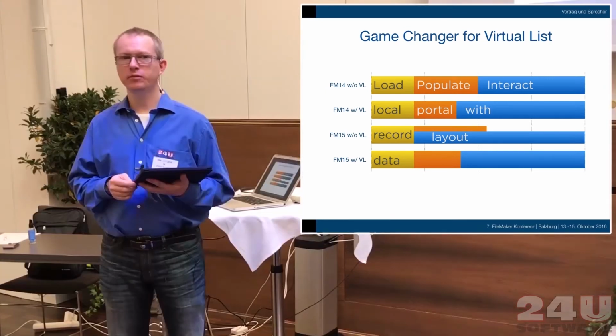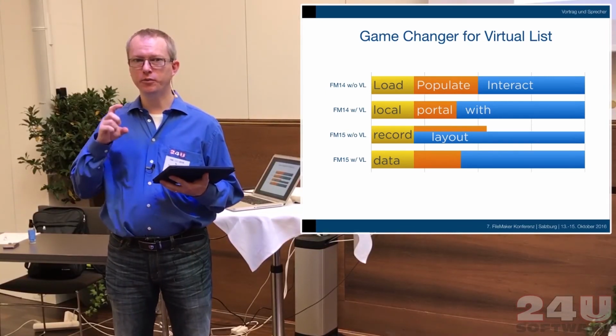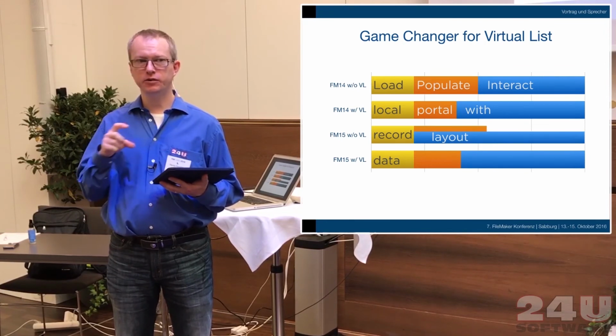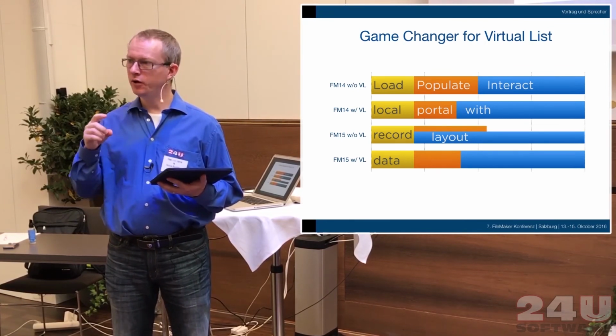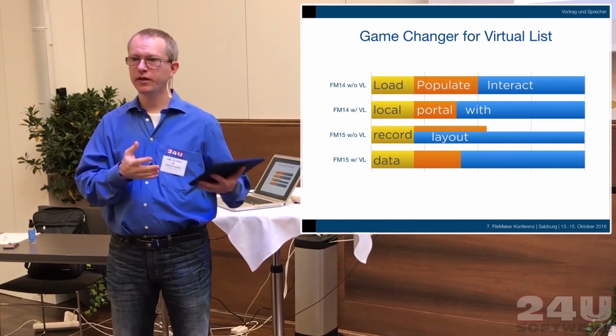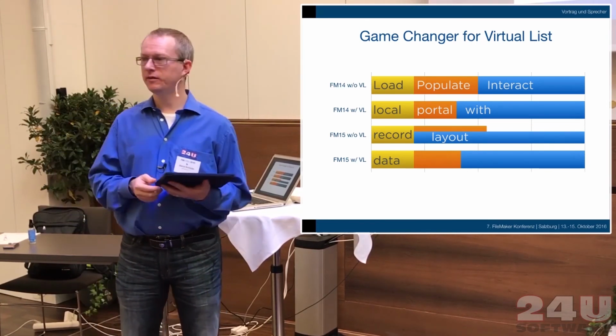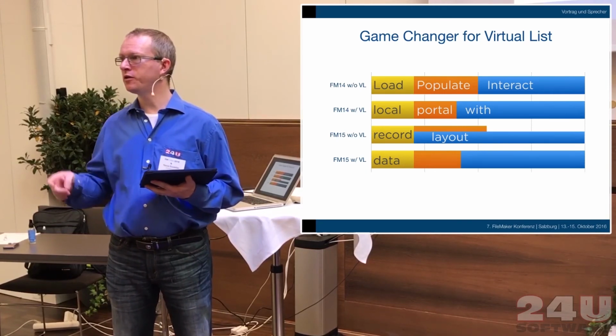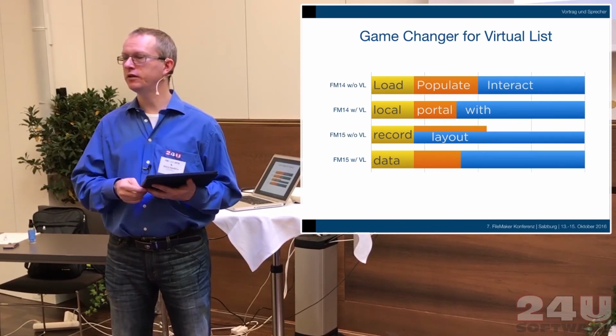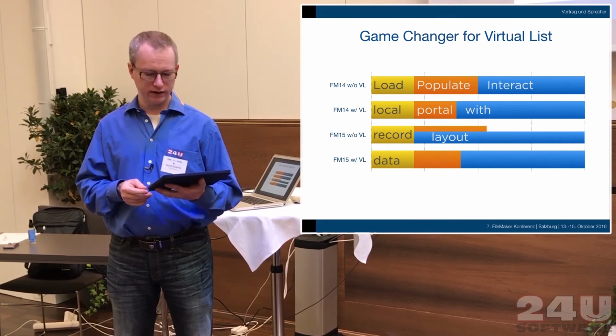But if you have a layout where the portal contains the most important information and you always work with the portal, just keep using virtual list, because when the user cares about the portal data, the virtual list is still going to provide the data faster.